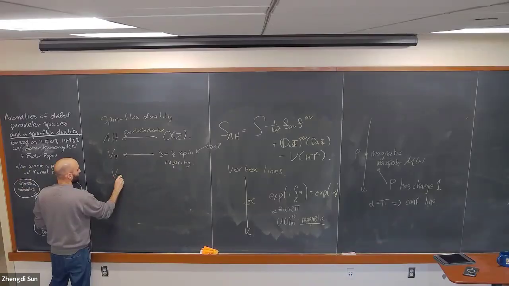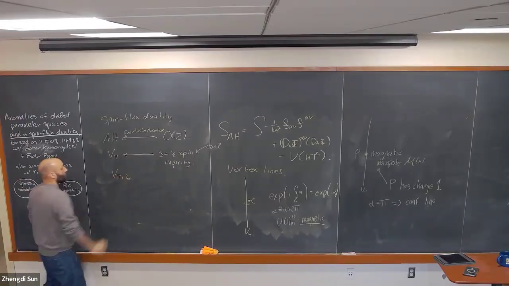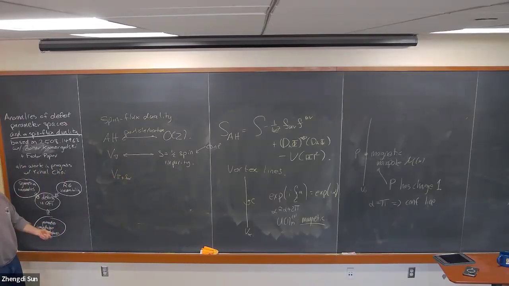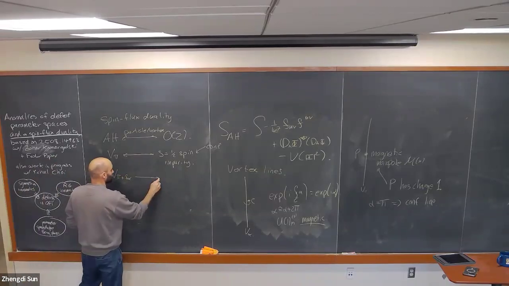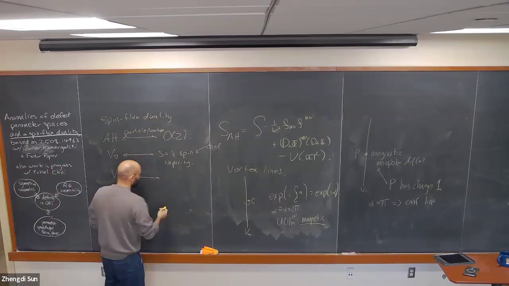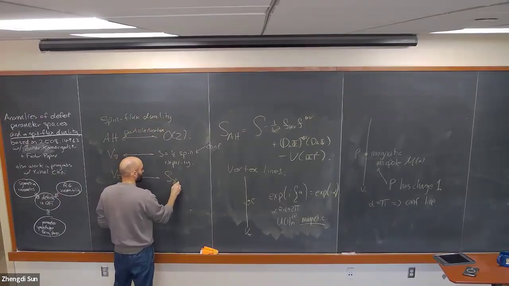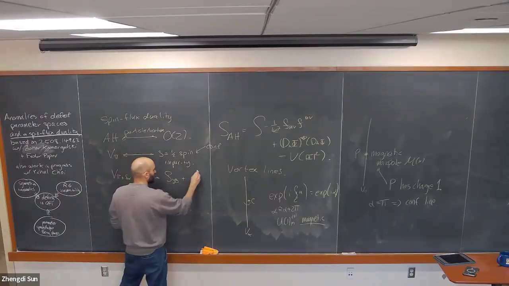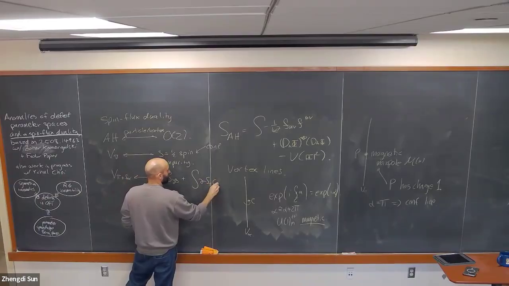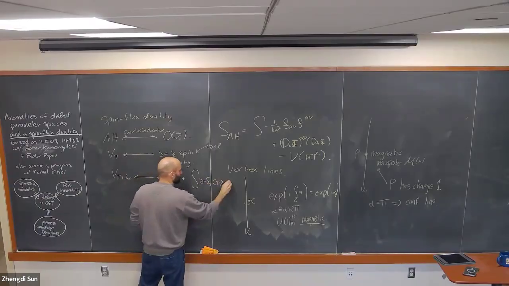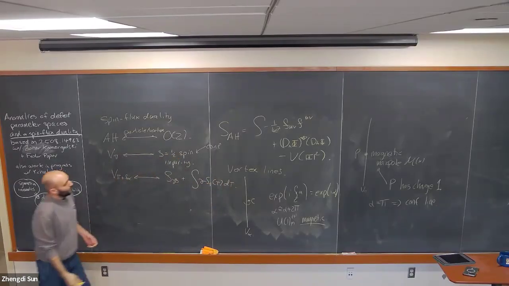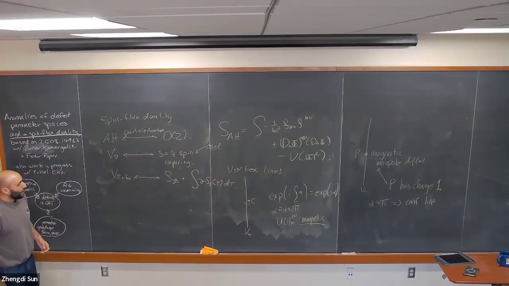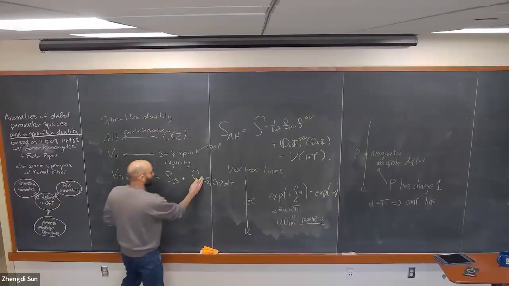You could ask, what does a more general vortex line with a more general holonomy map to? And the answer is that this corresponds to deforming the action by basically a poly Z, and gamma.